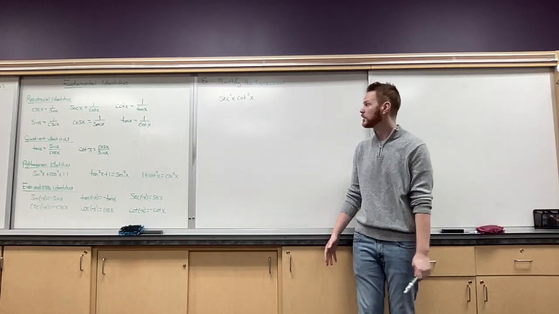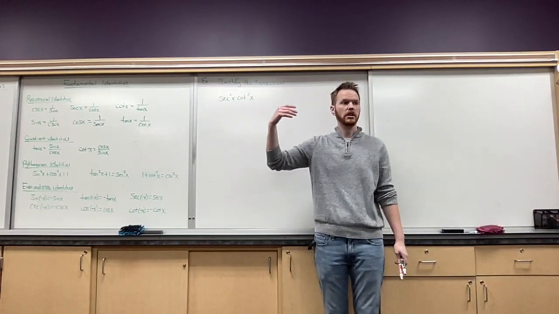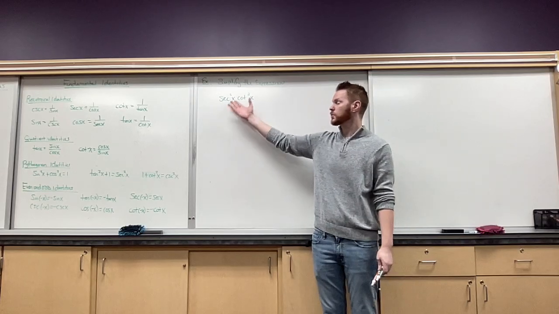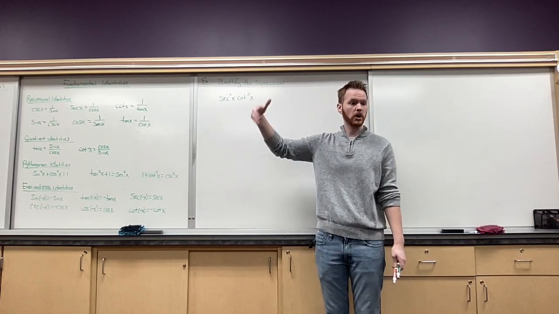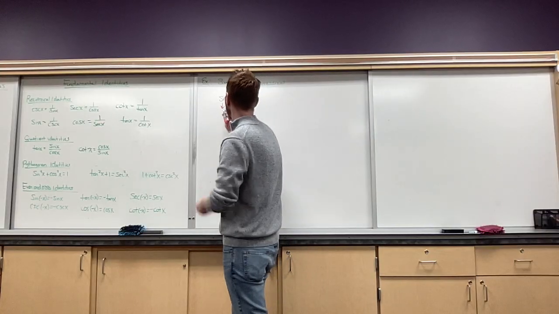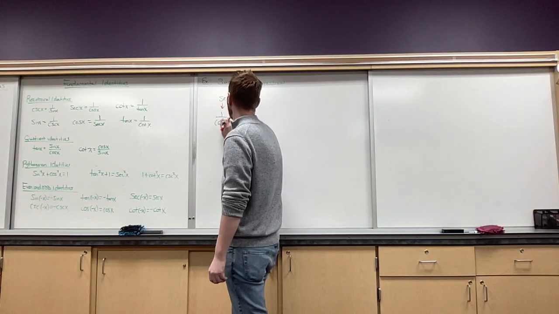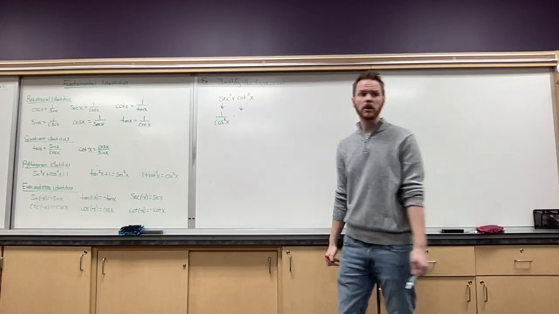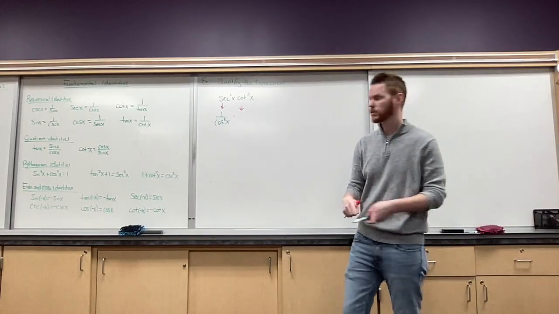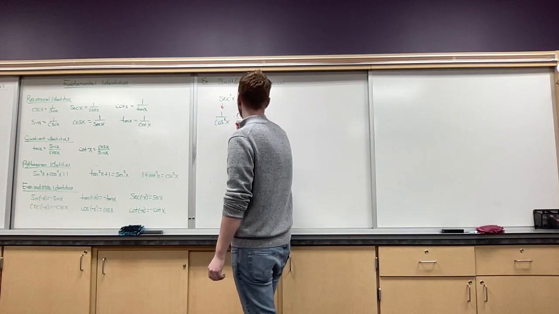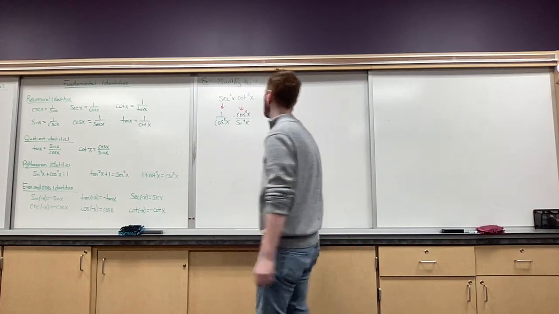Well, first off, we know that secant and cotangent can be rewritten with some of these identities that I have listed over here, right? So secant is the same thing as 1 over cosine, right? So let's rewrite it. So this is the same thing as 1 over cosine squared of x times, and then cotangent, we know that's the same thing as what? Cosine over sine. So let's write that down. So this would be cosine squared of x over sine squared of x.